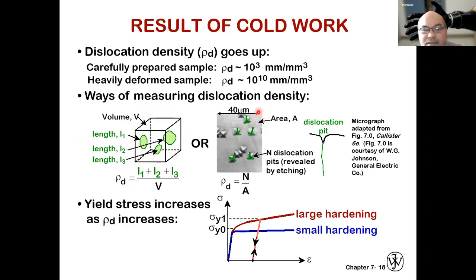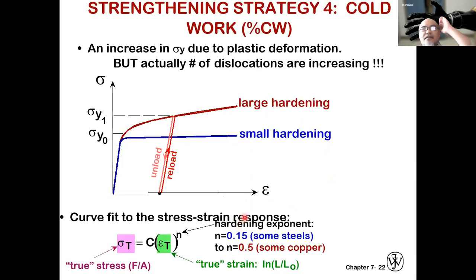Here, for example, dislocation pits are revealed by etching like this. Like a gap, a small valley. Yield stress increases when the density of the dislocation increases.